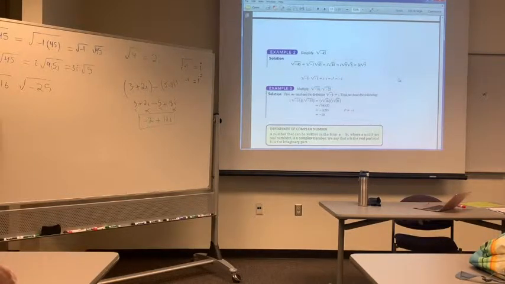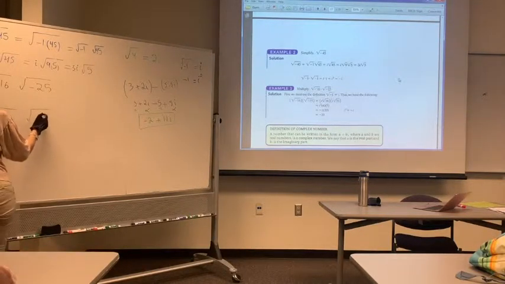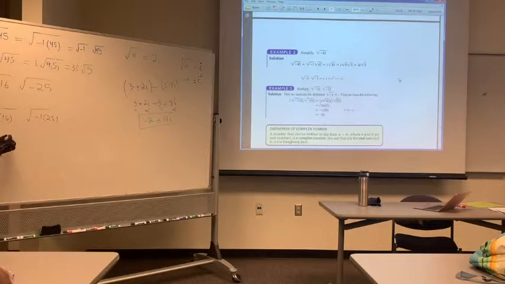What about the imaginary number? Let's go slowly. So we have negative 1 multiplied by 16, right? Then we have negative 1 multiplied by radical 25. Okay?